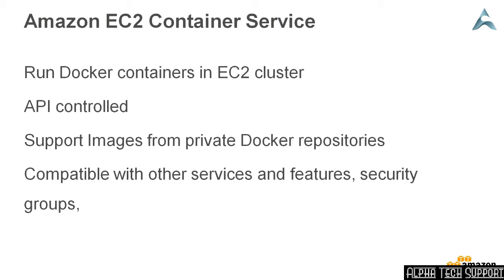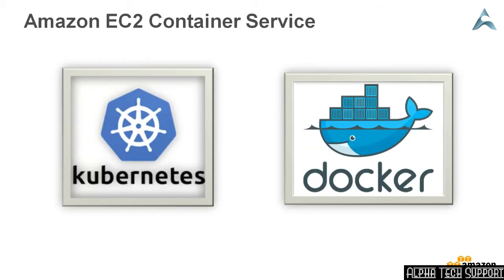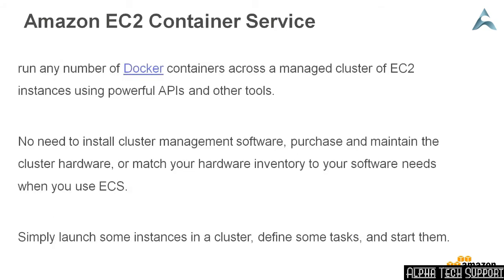We have API control. We have support for images from private Docker repositories. It is compatible with other services and features, security groups, etc. So these are the two types of container services, Kubernetes or Docker, for deployment, for easily packaging and other things.